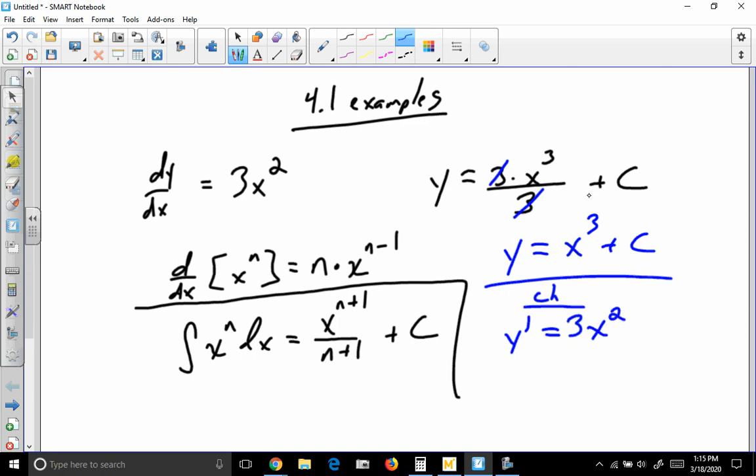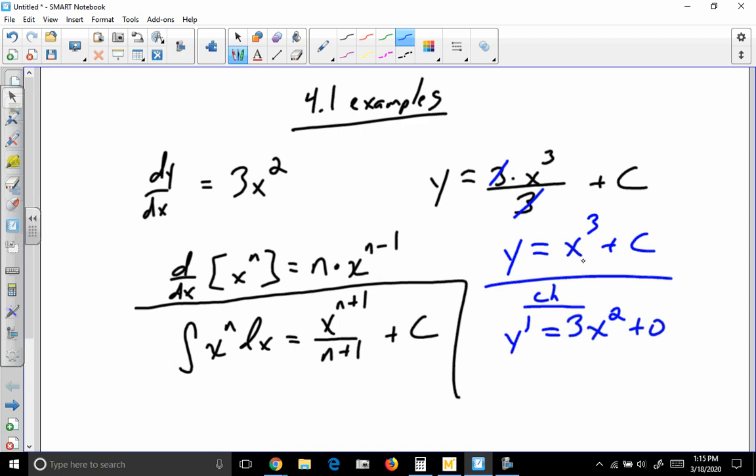And the reason we have this arbitrary constant on the end is because if we take the derivative of any constant, we would get 0. So we could have a constant of just 0 there, so basically y equals x cubed, and that derivative would be 3x squared. Or if this was a 1, the derivative of that would be 0. If this was a 5, the derivative of that would be 0. So we have to put an arbitrary constant out there because we don't really know what that original function was.